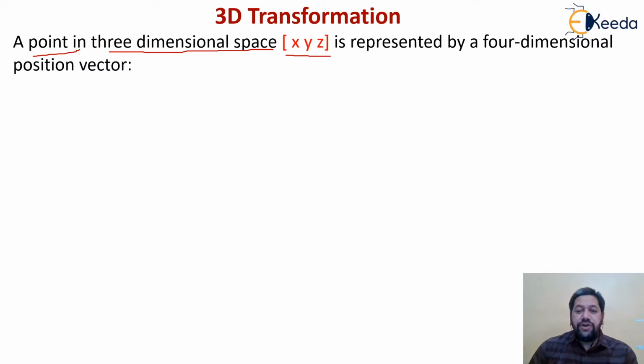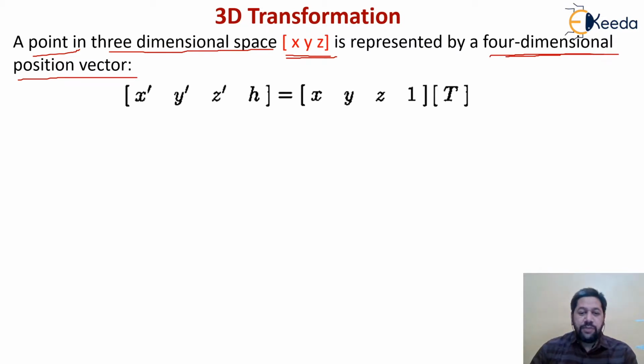It is represented by a 4-dimensional position vector. All of you know why one more dimension is required: the homogeneous coordinate system. Considering the homogeneous coordinate system, the point x, y, z is represented as a 4-dimensional position vector: x, y, z, and 1.